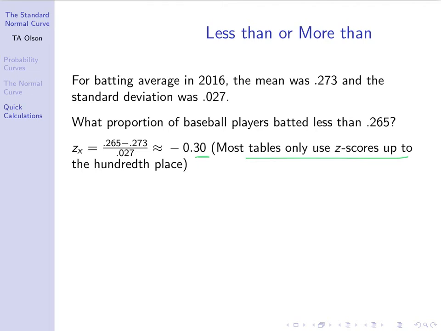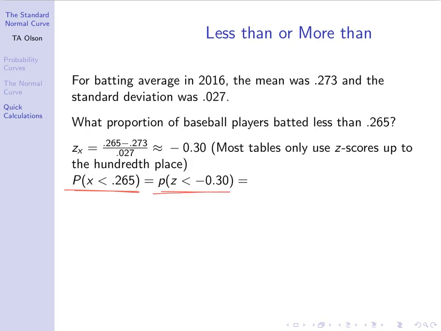Okay, so if we want to know what proportion of the baseball players batted less than 265, we can use our approximation with the standard normal curve as follows. Right. So the probability that a data point is less than 265, a player bats less than 265, is also the probability that a random z-score has a value less than negative 0.3.